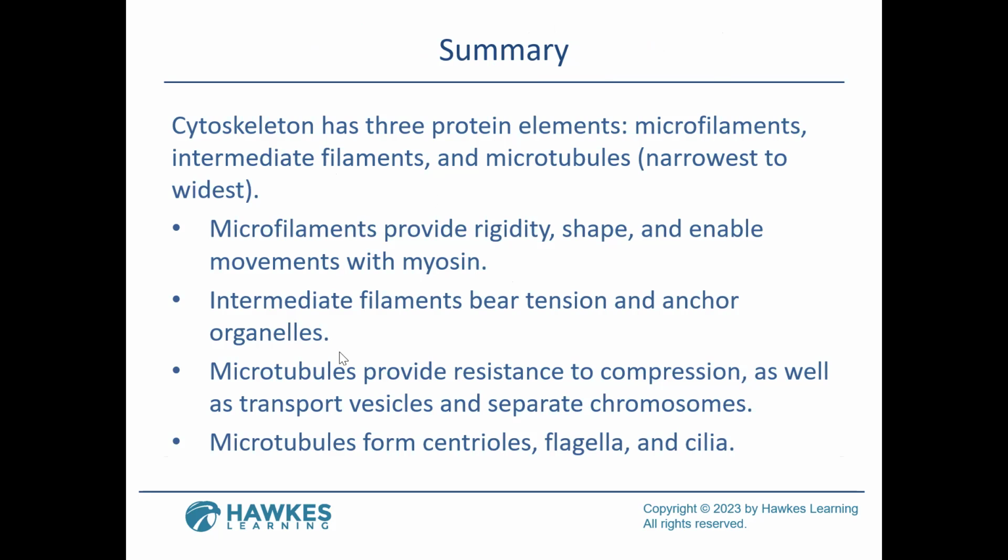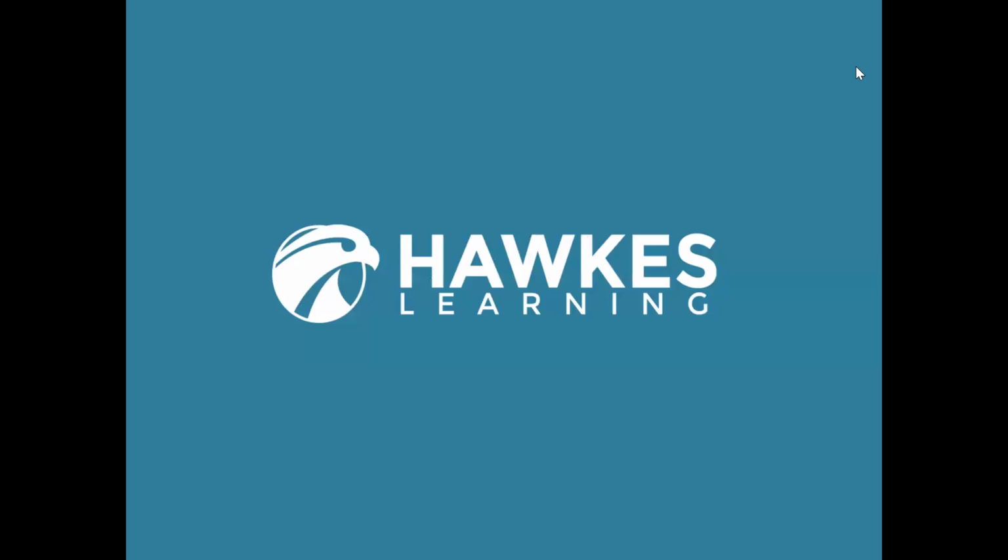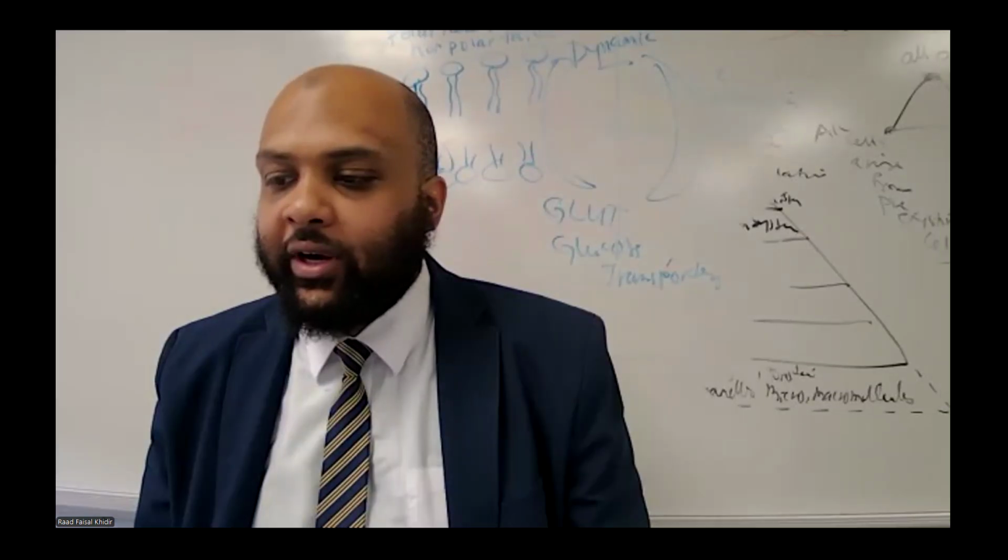Intermediate filaments bear tension and anchor the organelles. Microtubules provide resistance to compression, as well as they transport vesicles and they separate the chromosomes. Microtubules form centrioles, the flagella, and the cilia. Okay, so that was that. That was 4. So now we're gonna wrap up.